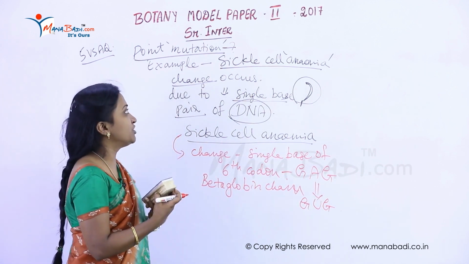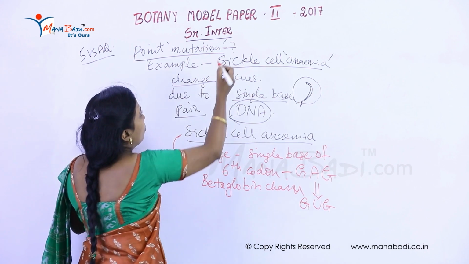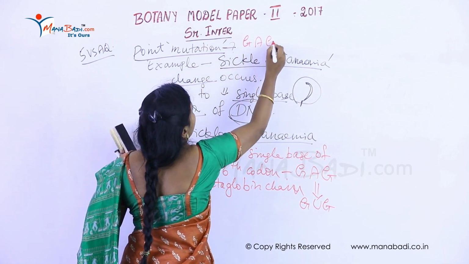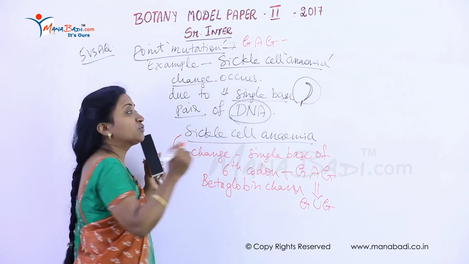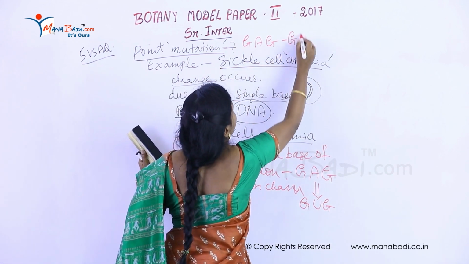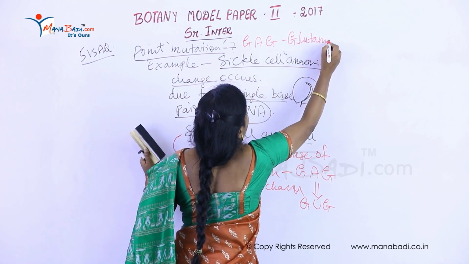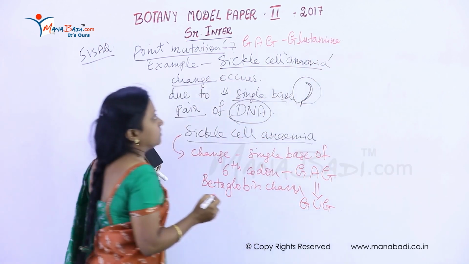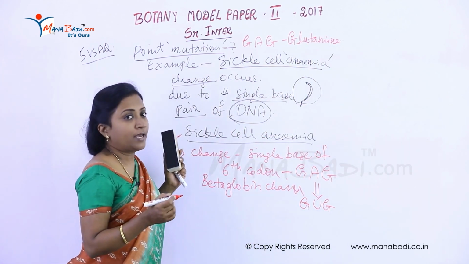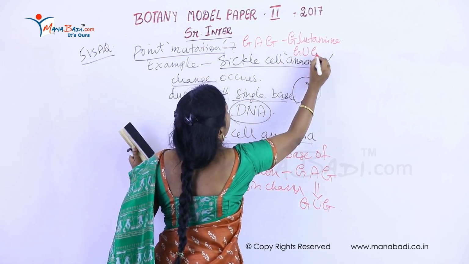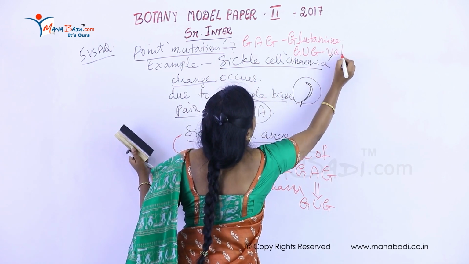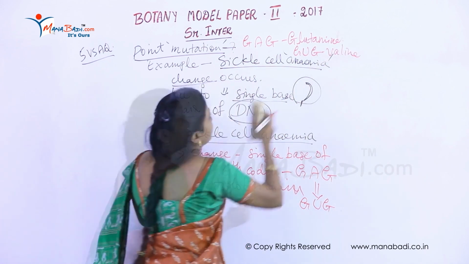GAG is the codon which codes for the amino acid glutamine, whereas GUG codes for valine.